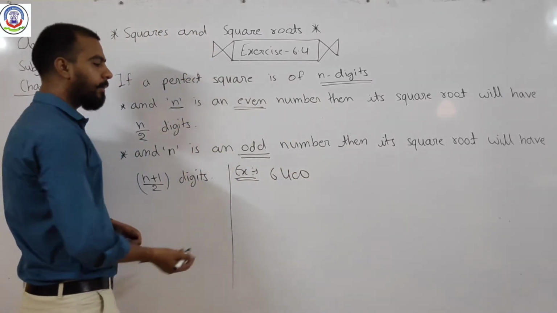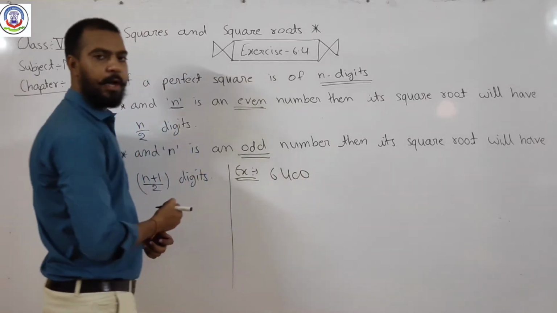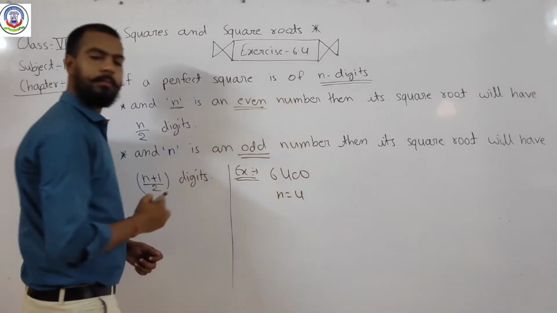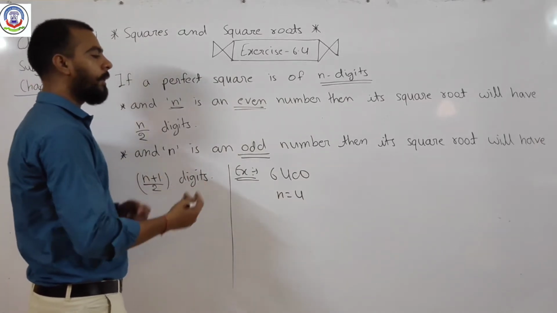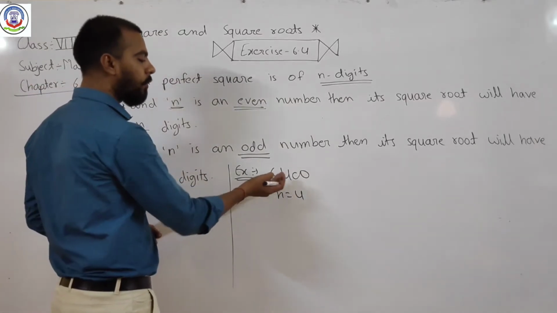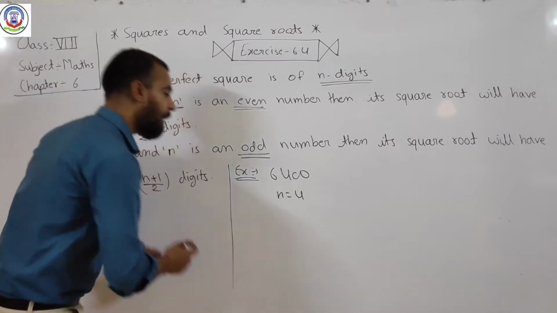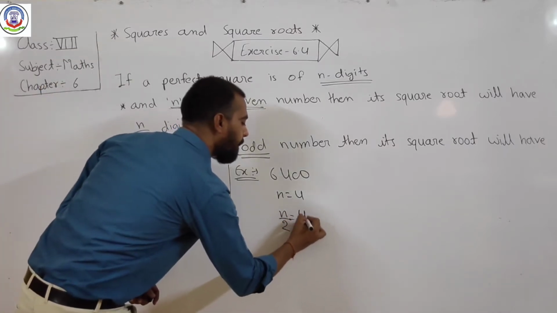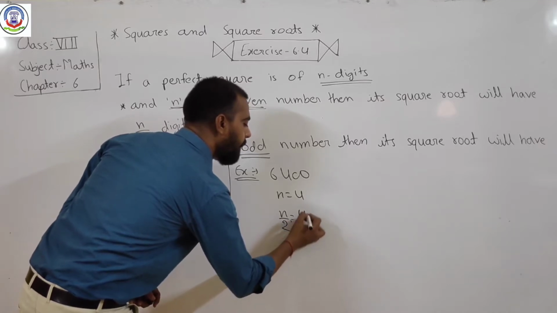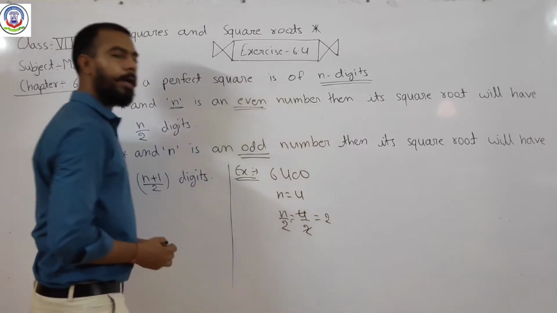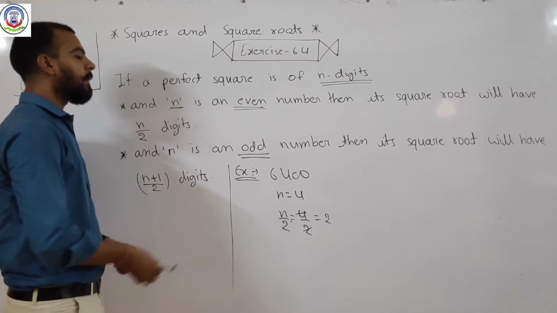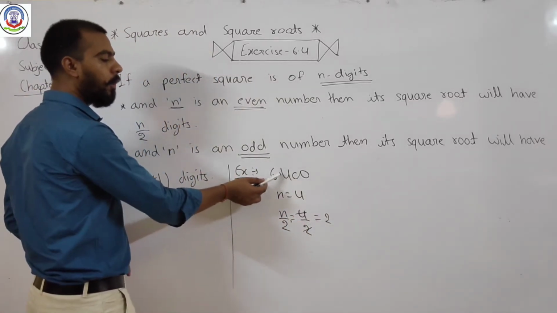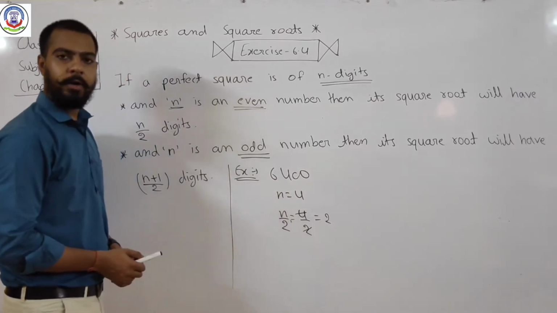As we know, there are 4 digits in 6400. So how many digits will be there in the square root of this number? There will be n upon 2 digits, that means 4 upon 2, and it will be 2. That means there will be 2 digits in the square root of 6400.